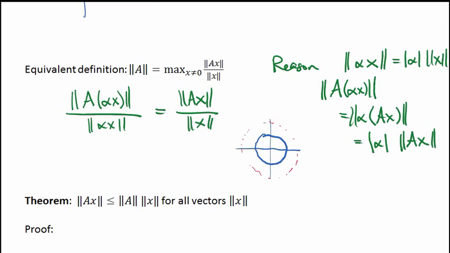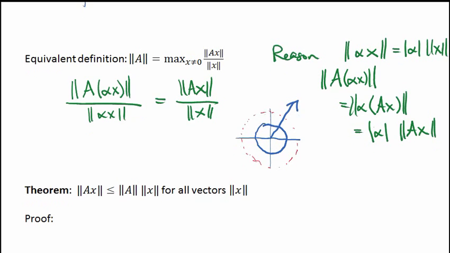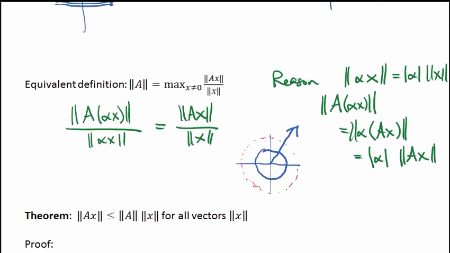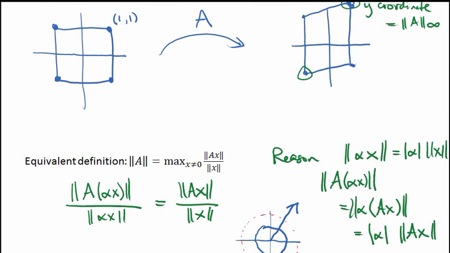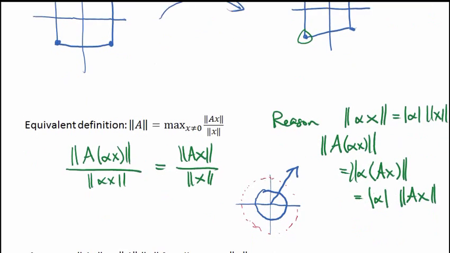But in terms of this ratio norm AX over norm of X, we get the same result for every vector on a ray like this. It doesn't matter what the norm of X is, it cancels out of the ratio. Okay, so we have these two definitions that we can use now for the matrix norm.